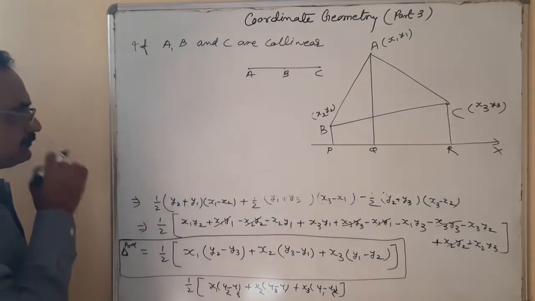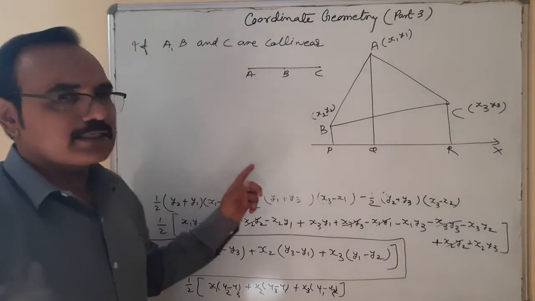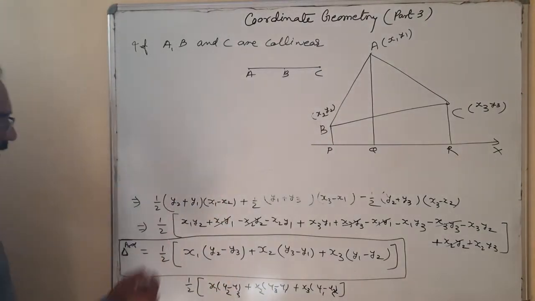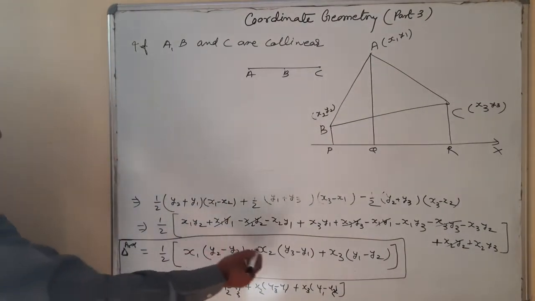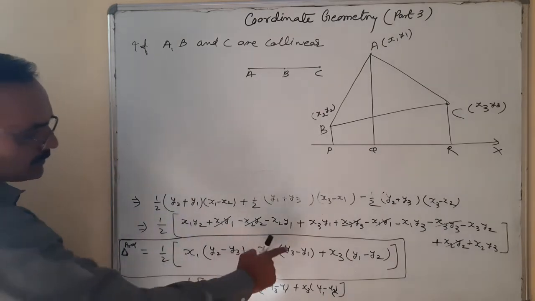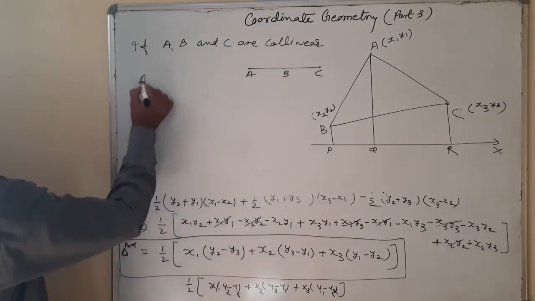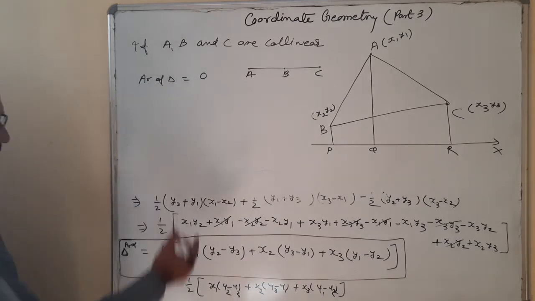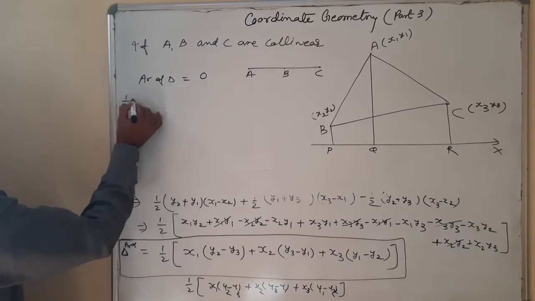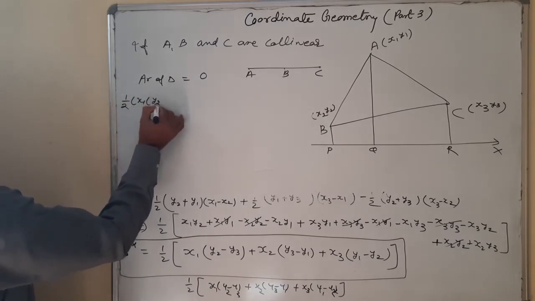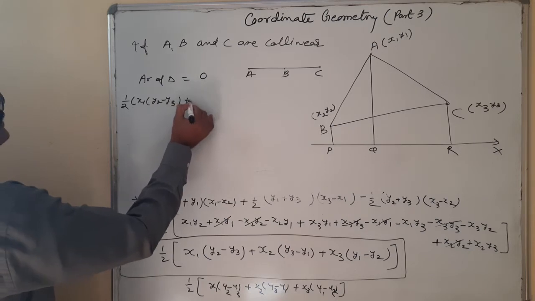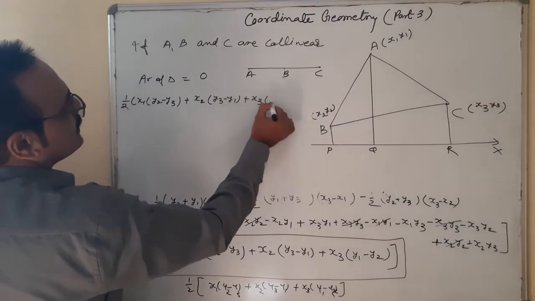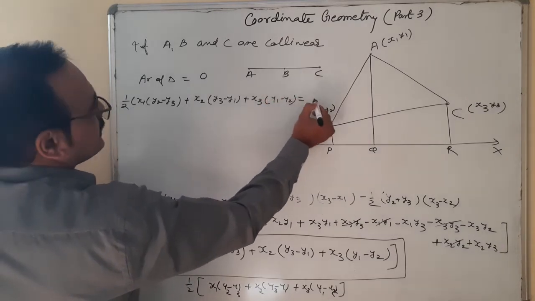Okay. So the condition is given if 3 points are collinear, then the area of triangle is equal to 0. Area of triangle formula is 1 upon 2 x1 (y2 minus y3) plus x2 (y3 minus y1) plus x3 (y1 minus y2) is equal to 0.